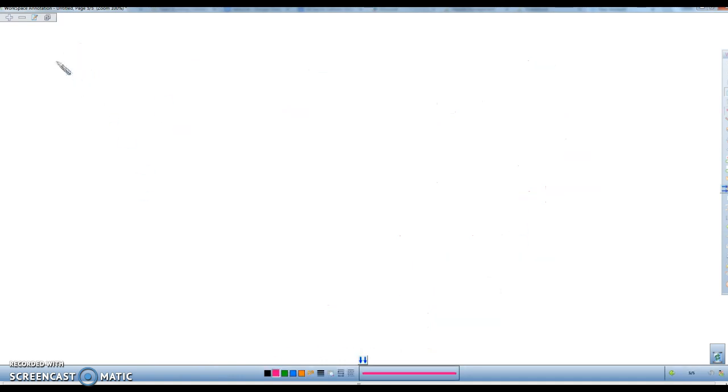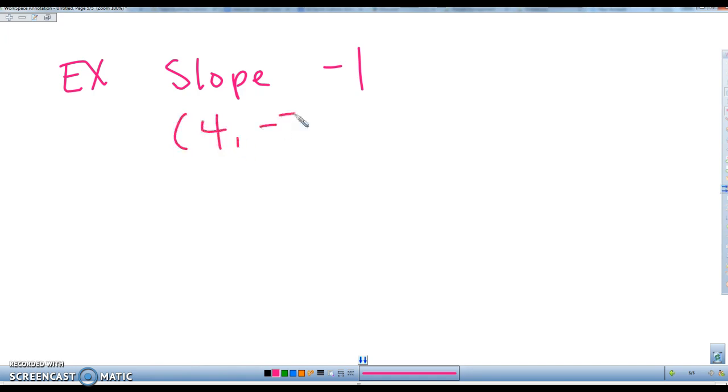And then we'll try this last one on our own as well, where slope is -1 and it passes through the point (4, -7). So try that one out.